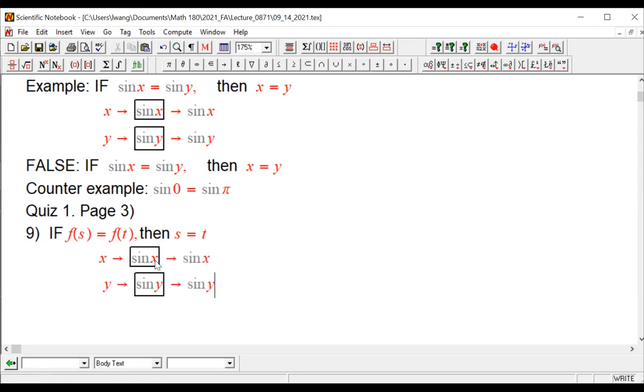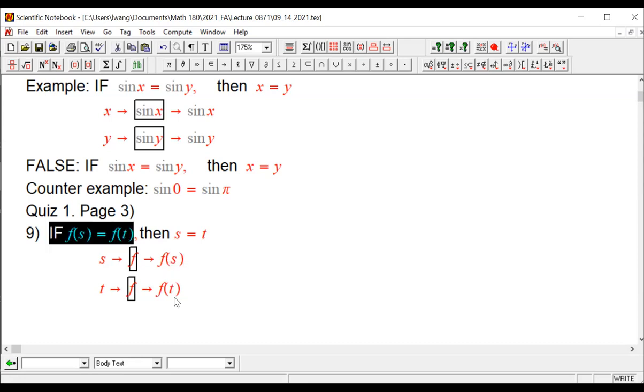Of course, this one is addressing arbitrary f, any function. You have to think in terms of any function. We know there are infinitely many of them. This is f of s, and this is f of t. This basically says if the outputs are the same, can we declare the inputs are the same? And this statement says this is true.